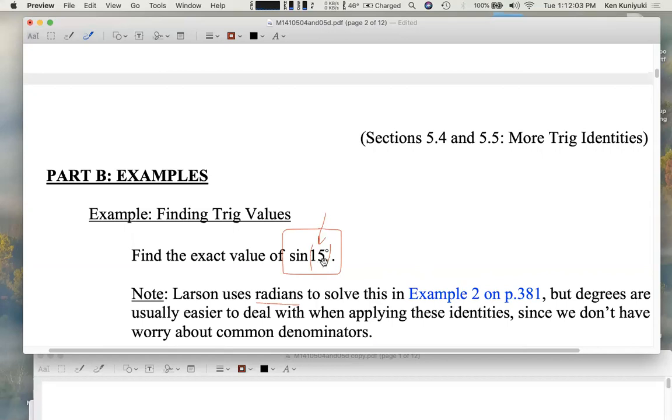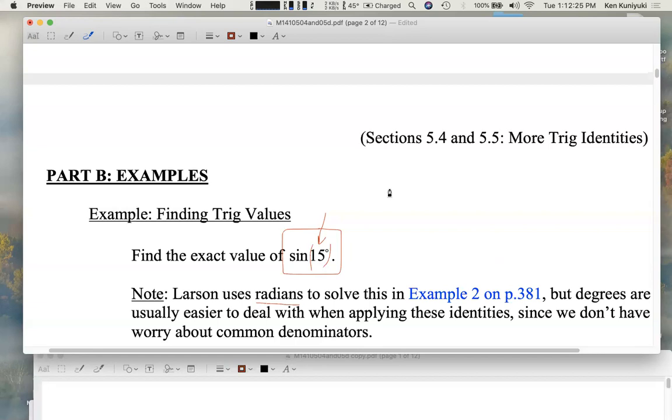Okay, so how can we rewrite or re-express 15 degrees in terms of other known special angles? There are actually infinitely many ways to relate this 15 degrees to known special angles, but what are a couple of ways that we can rewrite 15 degrees in terms of known special angles?